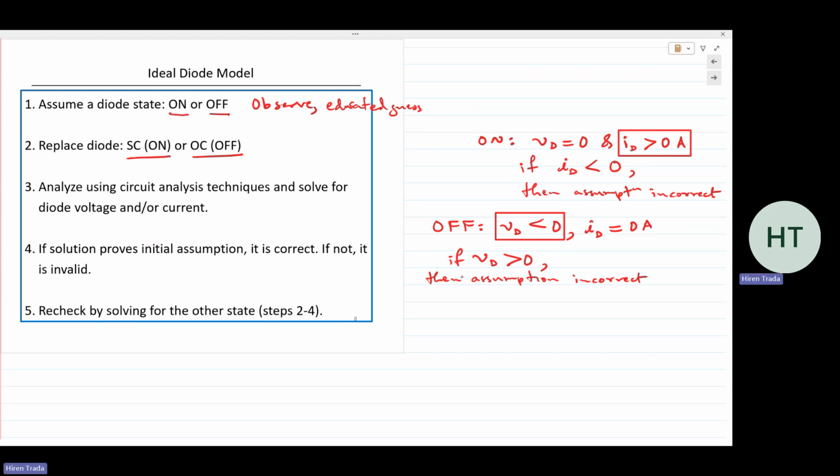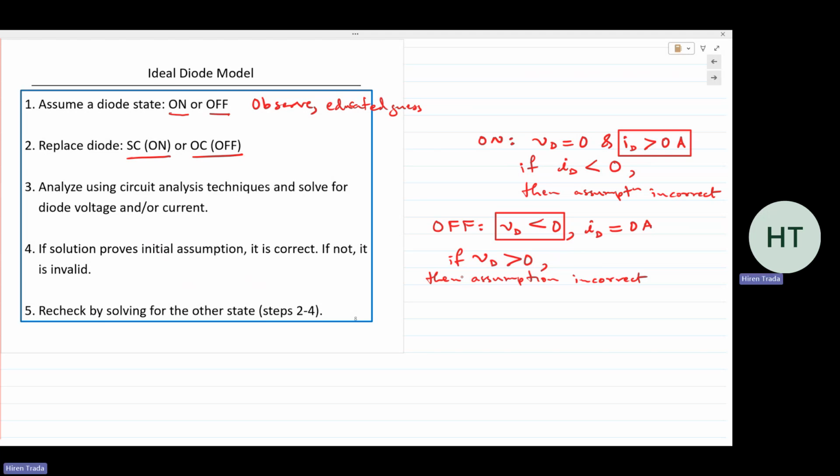Okay, assumption is incorrect. If you make an incorrect assumption, there's only one other state possible, meaning if you assumed on first and you conclude that it's incorrect, the other state is off. So you just test it out with that other state and then prove your hypothesis or prove your assumption to be correct. Okay.